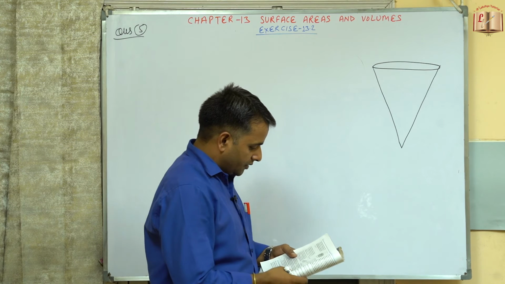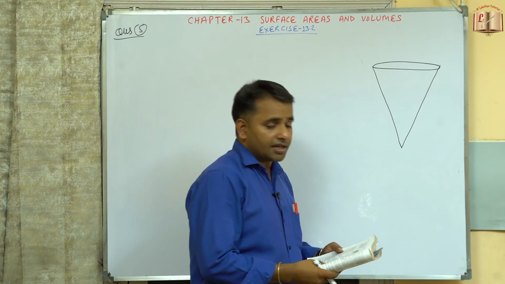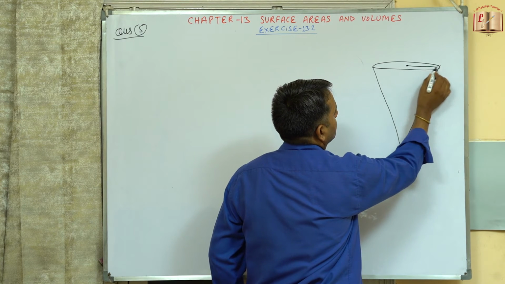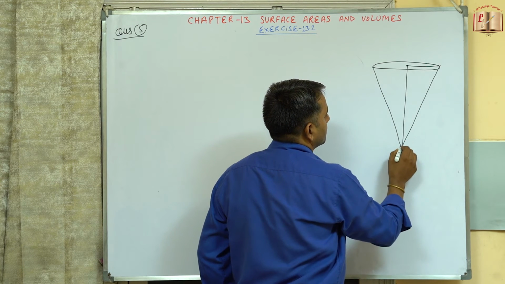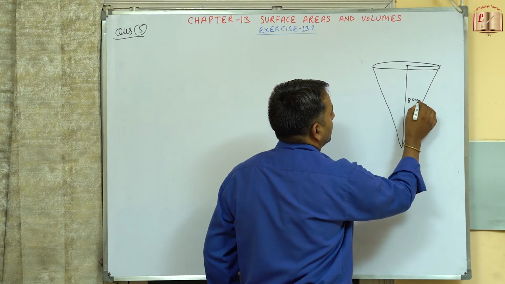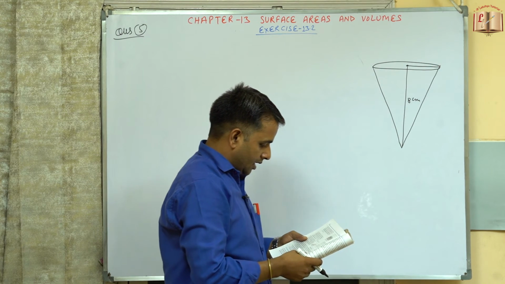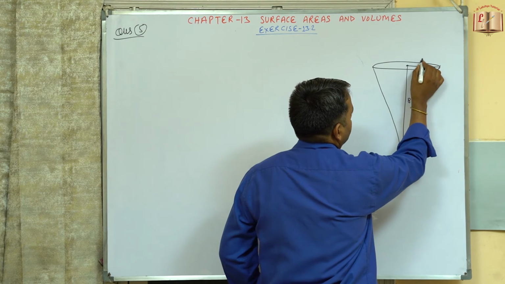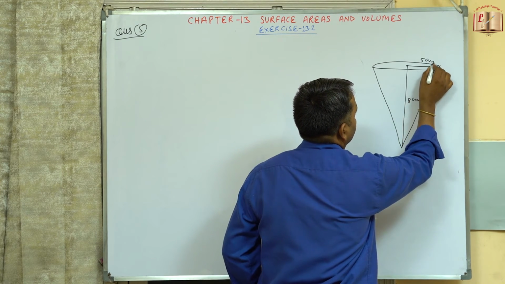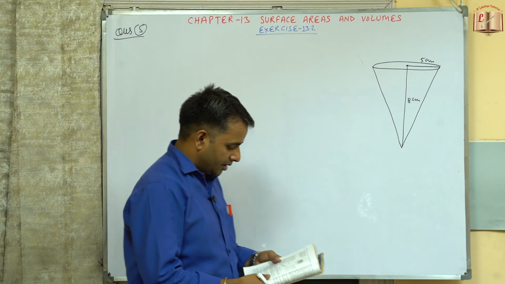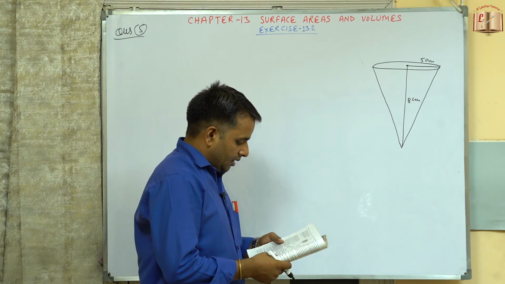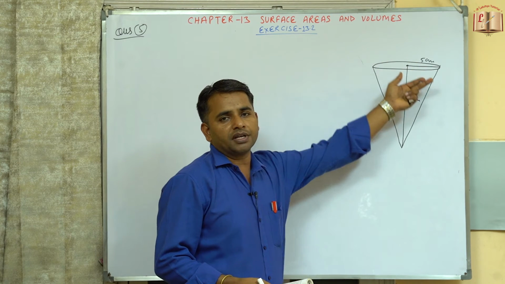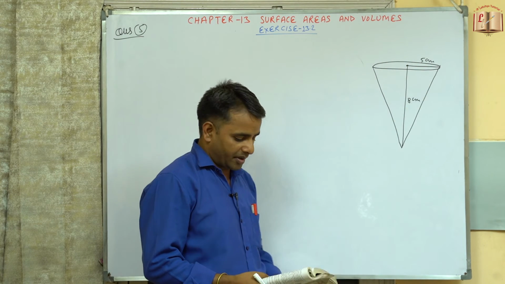Its height is 8 centimeter, and the radius of its top, which is open, is 5 centimeter. It is filled with water up to the brim. So up to the brim means this is completely filled up with the water. पूरा भरा हुआ पानी से.